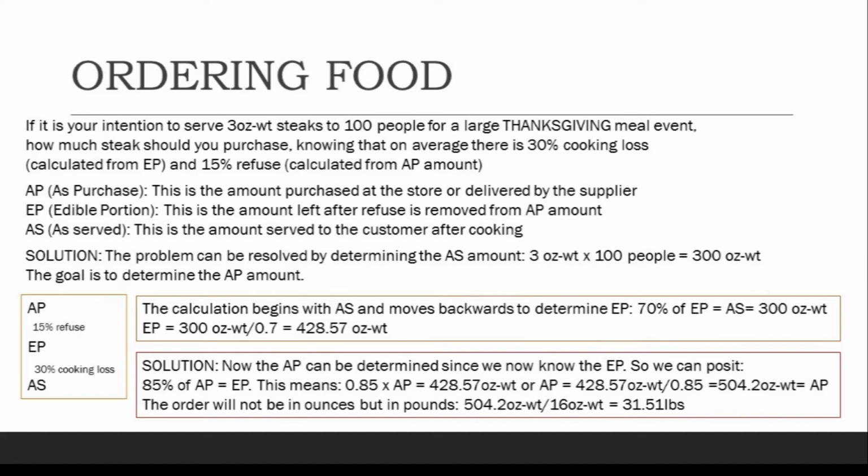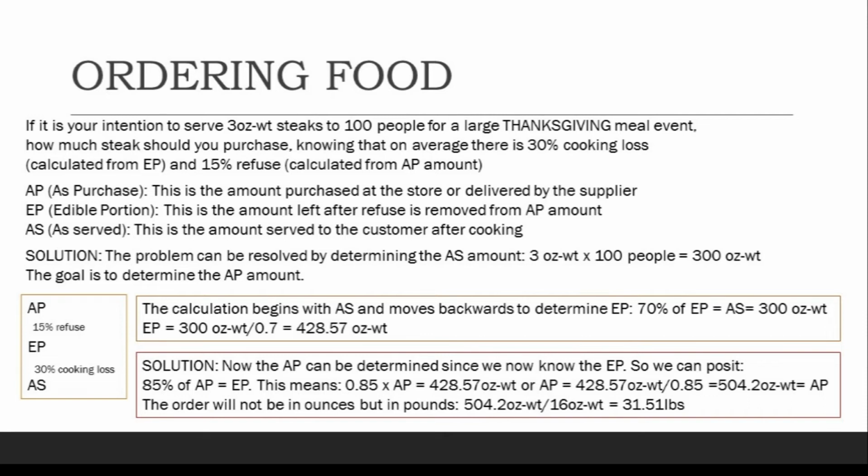And what I'm trying to convey here is how AP and EP and AS actually relate to each other. So AP is at the top, and what we're finding in this problem is that there's 15% refuse. That means a 15% loss from AP going to EP. In other words, EP is really 85% of AP.